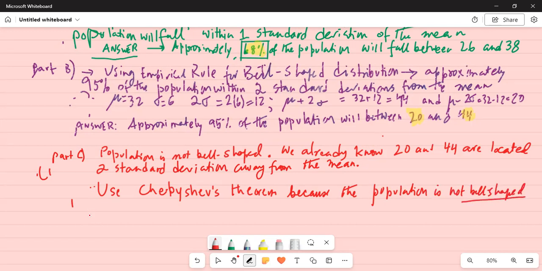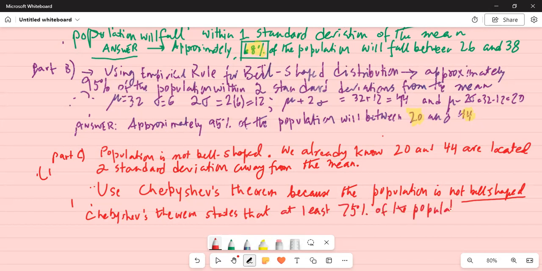And Chebyshev's theorem states that at least 75% of the population will fall within 2 standard deviations of the mean.